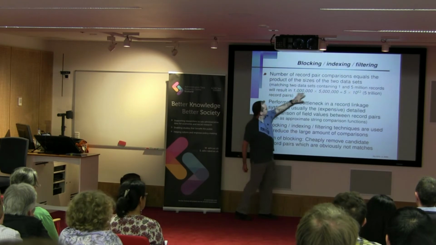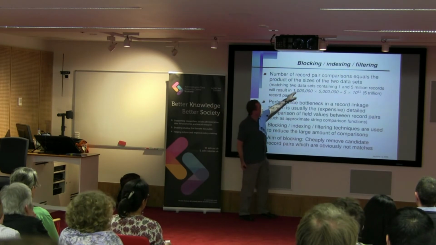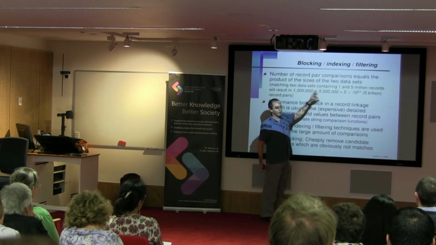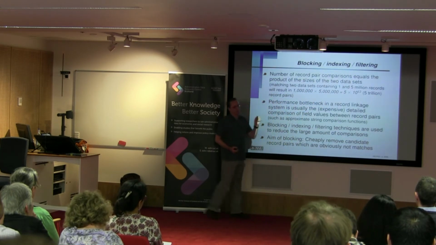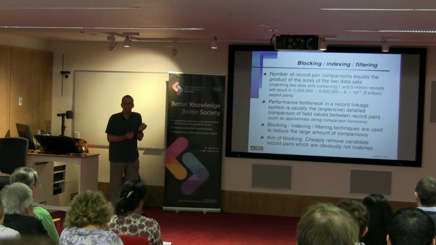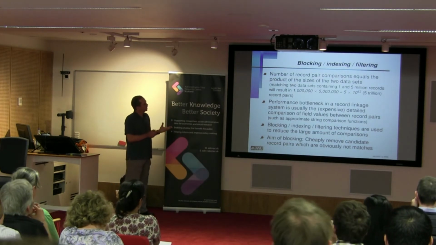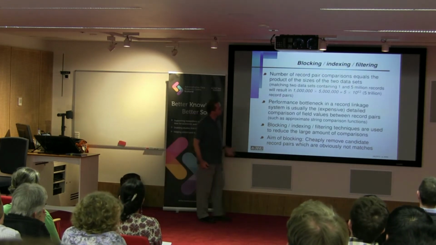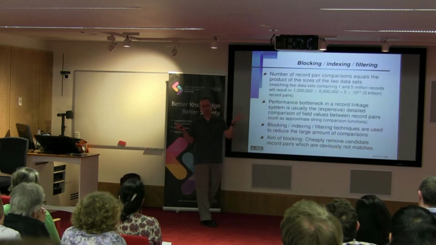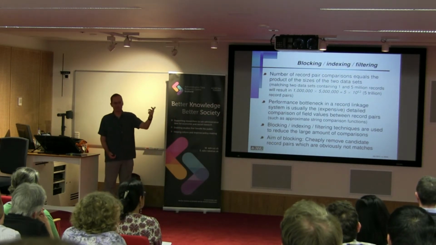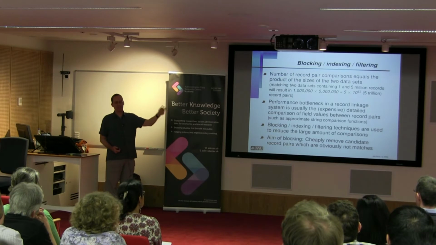If this database contains records about 1 million people, and this database contains records about 5 million people, then we should only link 1 million records, if we assume there are no duplicates in the databases. Does that make sense? Right. So we want to find 1 million links out of 5 trillion potential comparisons. That's less than a needle in a haystack, right? That's maybe a needle in 100 haystacks.